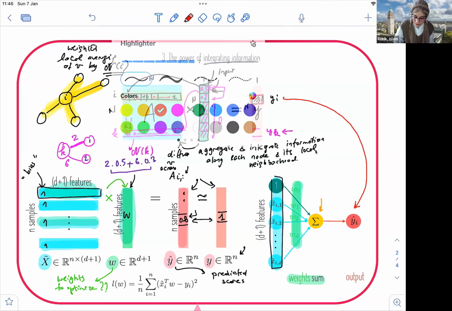If we learn a good W, our output yi hat will be very close to yi, which is the ground truth output value. Okay.